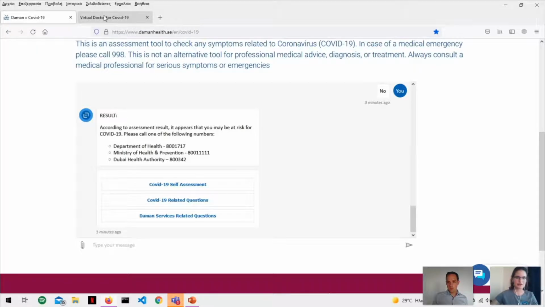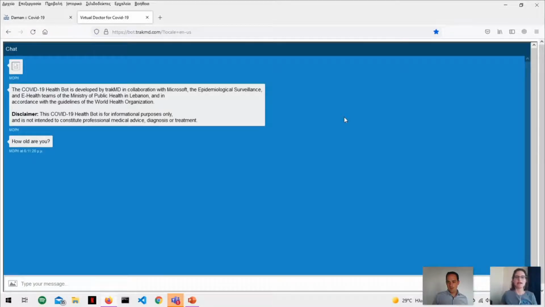Here we go. Here we can see the website where the HealthBot is deployed for the Ministry of Public Health in Lebanon. The UI is a little bit different, but we still have an introduction text that states that it is a COVID-19 health bot.